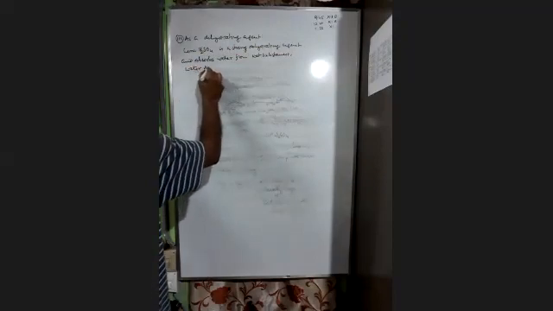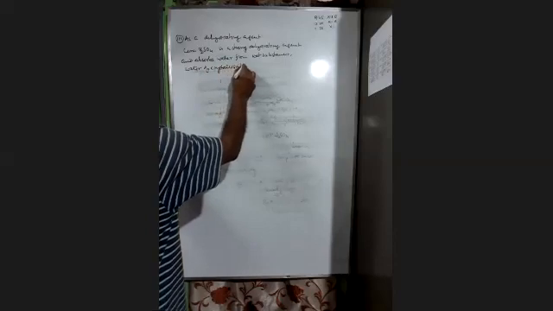Water of crystallization. What are wet substances? Which contain water. What is water of crystallization?